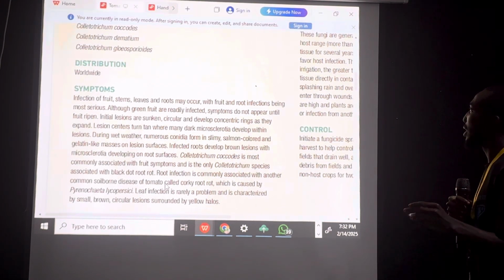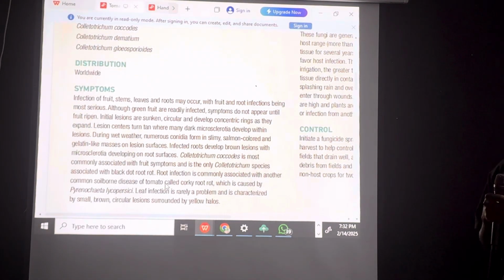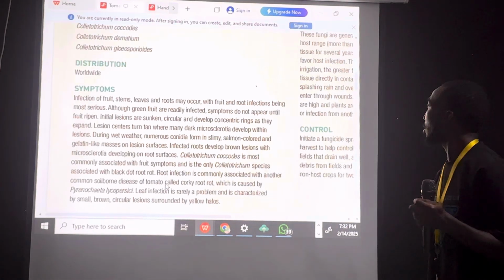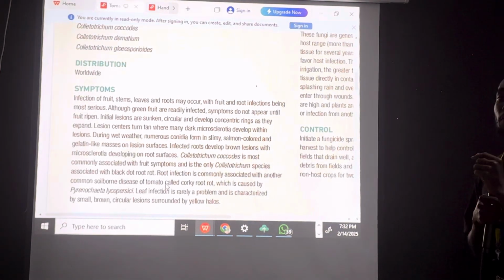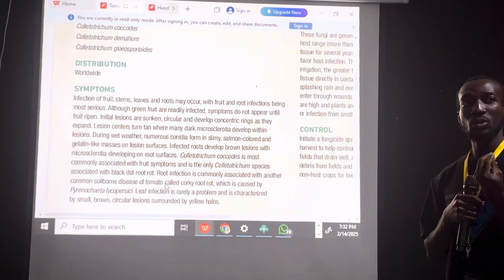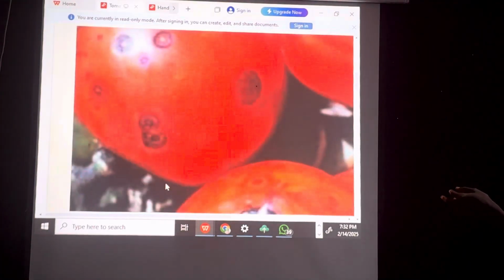Although fruits are heavily infected, symptoms do not appear until fruits ripen. So we may not see this fungus on your fruit when they are green, until the fruit gets ripe. Let's go to the diagram and see.